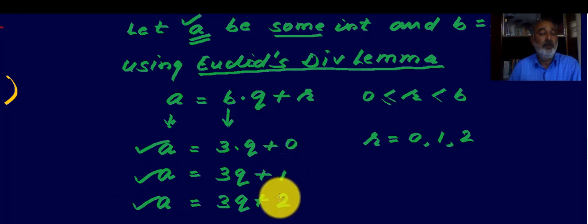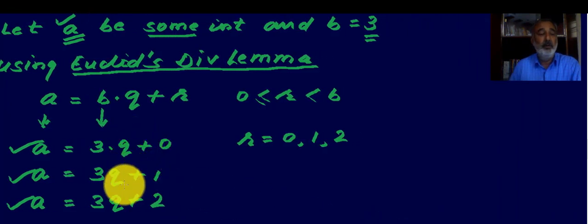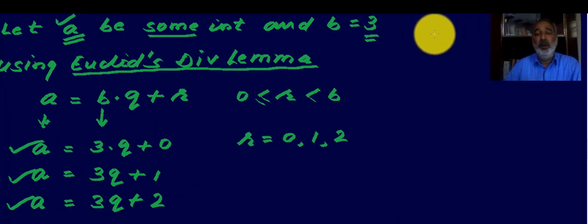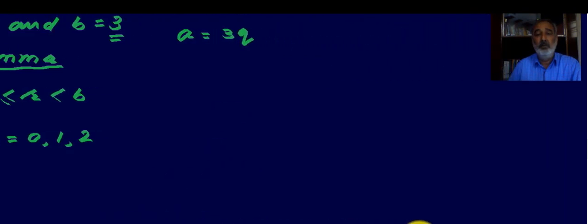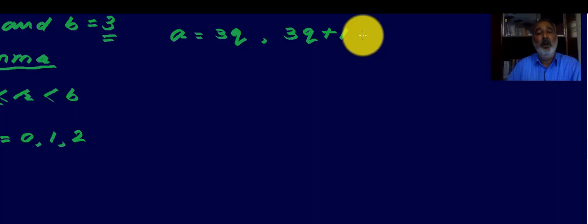Is it clear? Then here a can have 3 values now. a is either of the form 3q, 3q plus 1 and 3q plus 2.